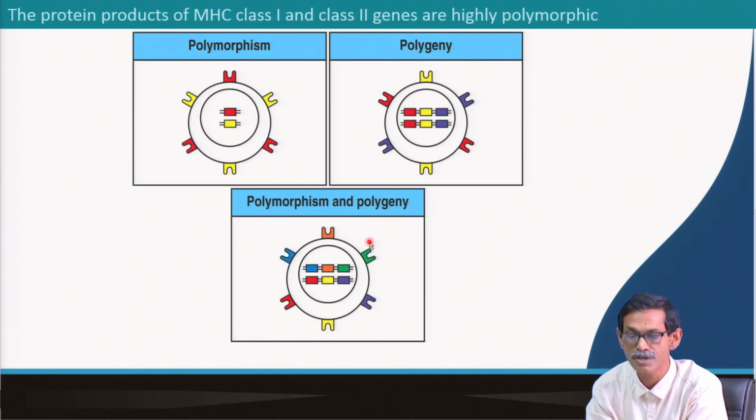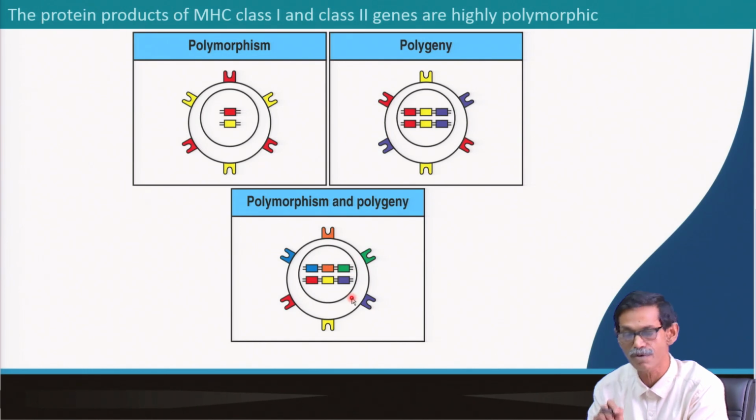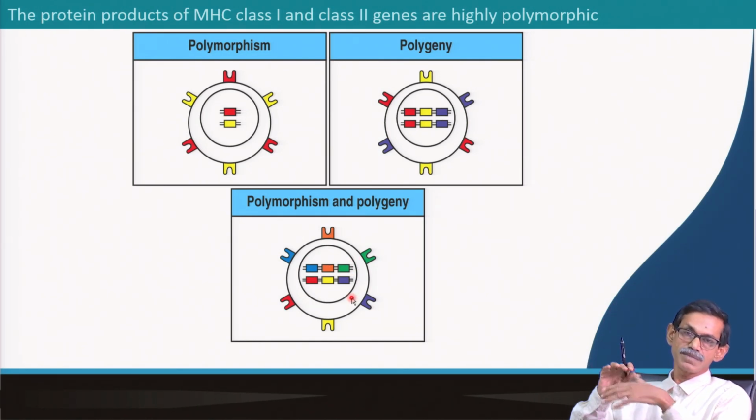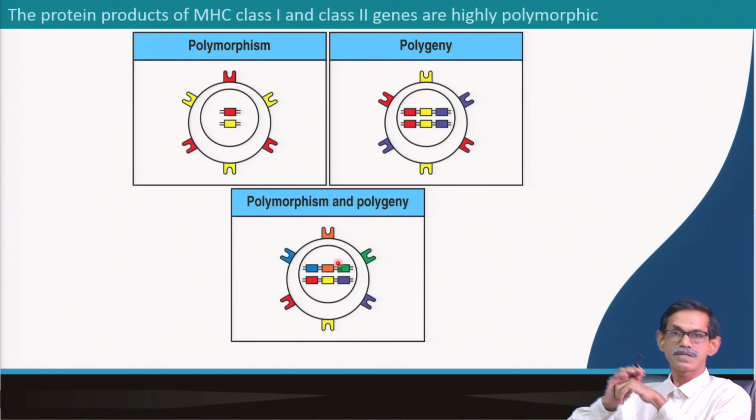It is not only polymorphic, it is also polygenic, meaning it has multiple copies and they all are polymorphic. So, even in this simple cartoon I am showing, they are polygenic and polymorphic, making 6 varieties of different MHC molecules.